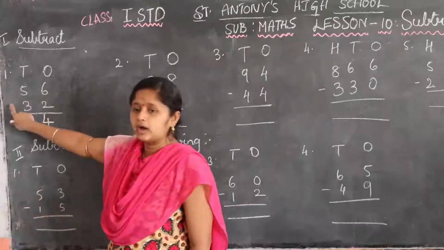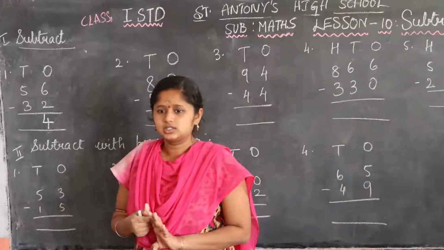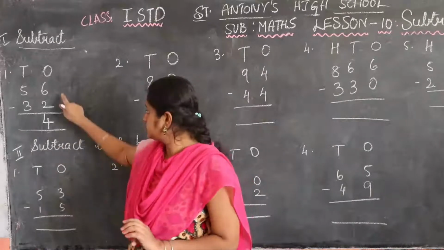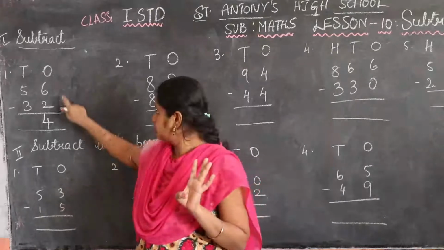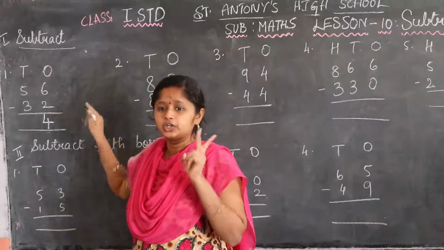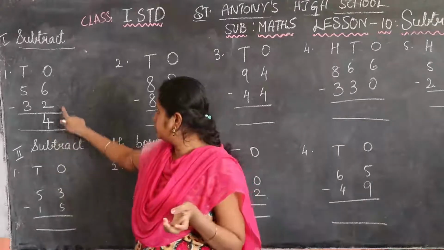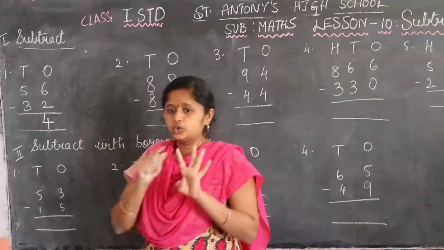Next, 5 minus 3. So 6 minus 2 is how much, children? 4. So out of this 6 we have subtracted 2. So after 2 we have to start counting.